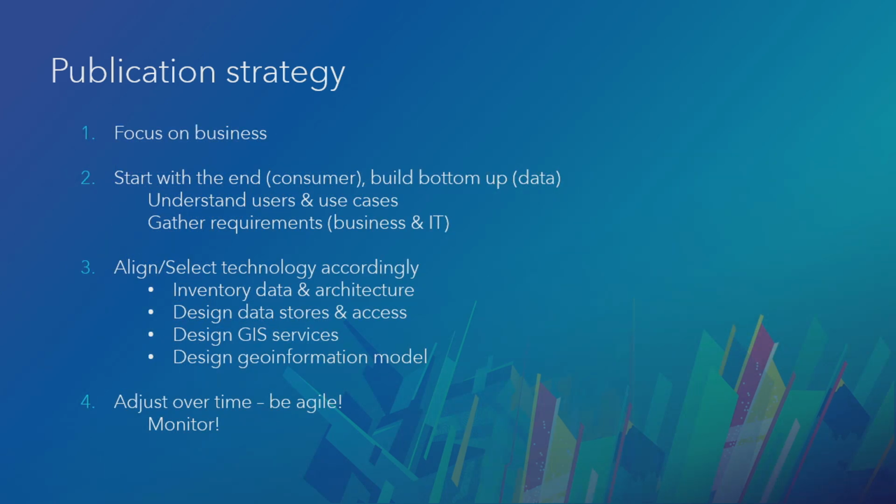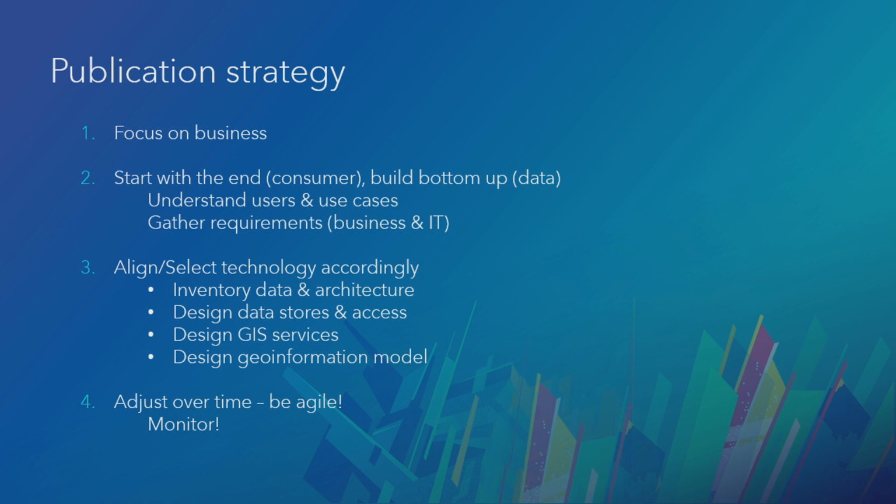And so if you're very process-oriented and you want to think about the process, always start with the business. Make sure you really understand the needs and the use cases and the different types of users as best you can. They will change, but get a good handle on what's needed. Gather those requirements, and then align the technology to meet those. Start with the data.